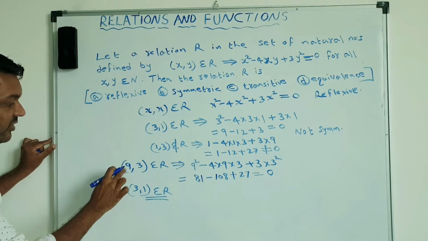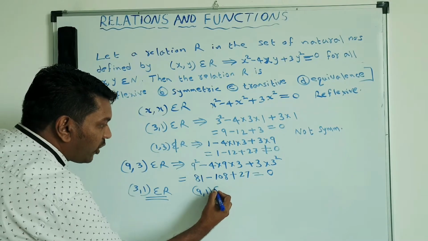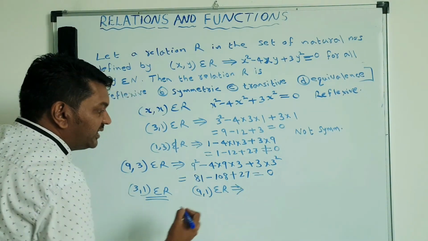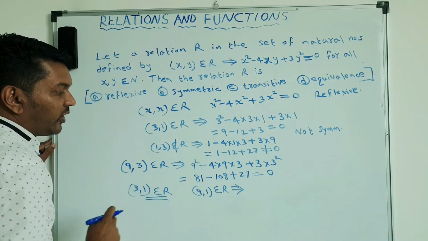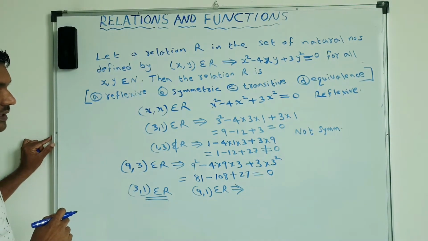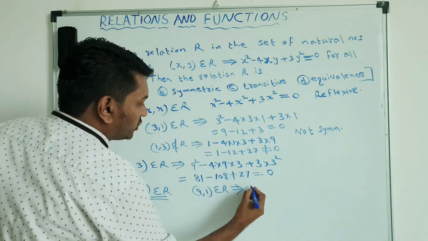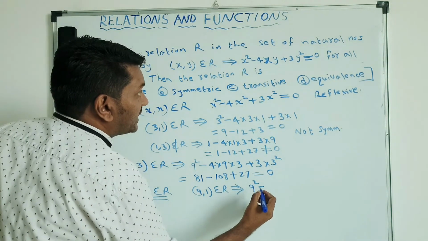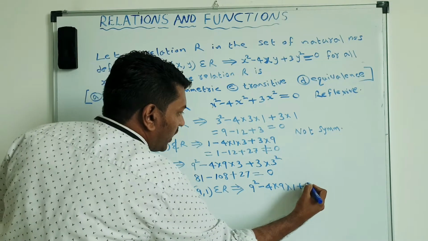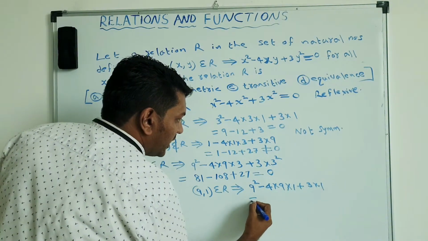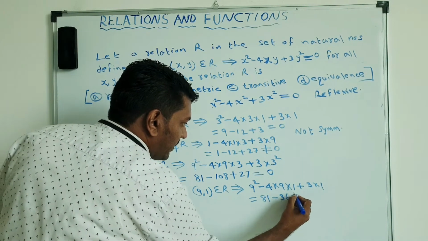Now I need to see whether (9, 1) is an element of R or not. If (9, 1) is an element of R, then it is a transitive relation, and if it is not an element of R, then it is not a transitive relation. Substitute x as 9 and y as 1. So 9 square minus 4 into 9 into 1 plus 3 into 1 square. 81 minus 36 plus 3.